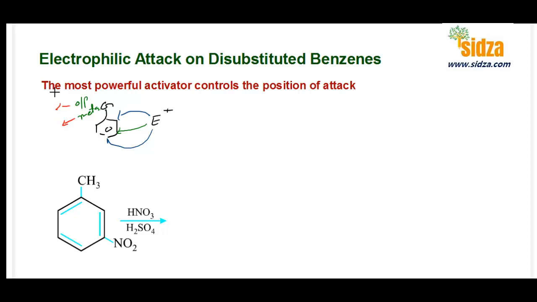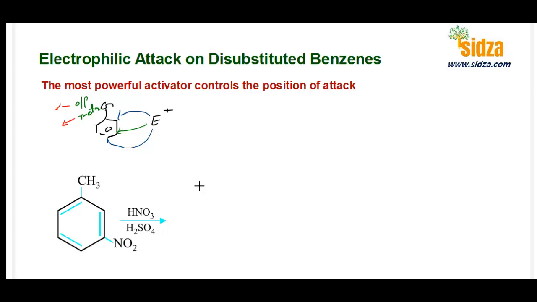I suggest you watch those videos before taking this video, because in this video we will discuss what the position of an electrophilic attack will be when the benzene ring contains two different types of groups. One can be a ring activator and one a ring deactivator, or both can be activators, or both can be deactivators. So what will be the position of an electrophilic attack?